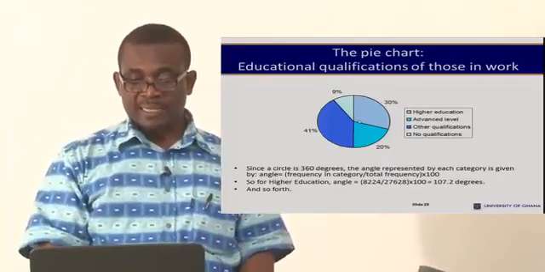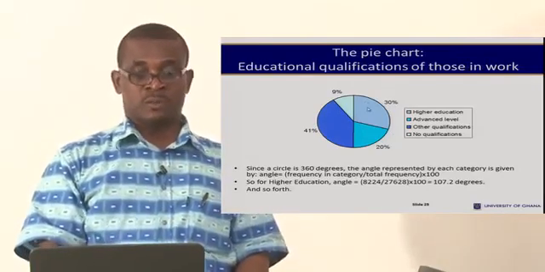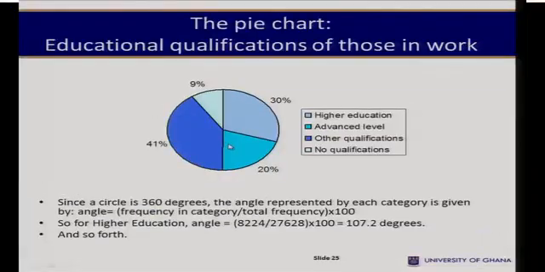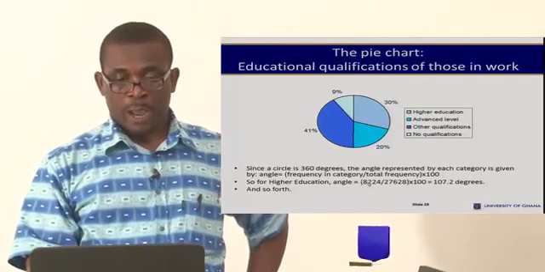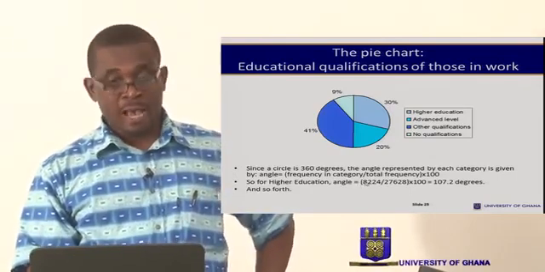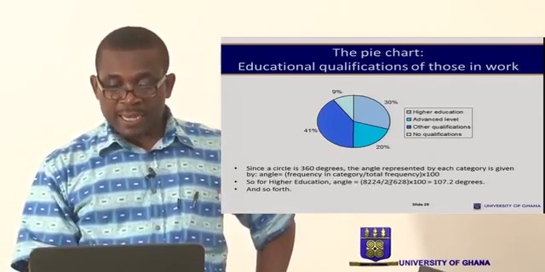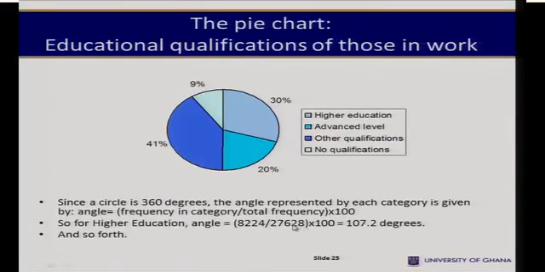You realize that a circle is 360 degrees. So to indicate the angle that corresponds to higher education, what we have to do is look at the number of people working with higher education, divide it by this total, and then multiply it by 360.